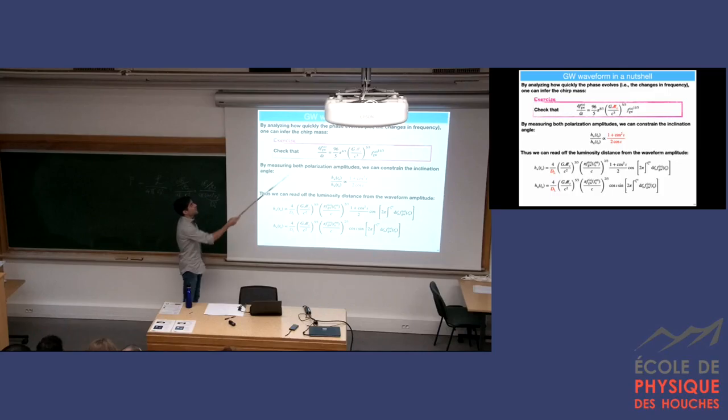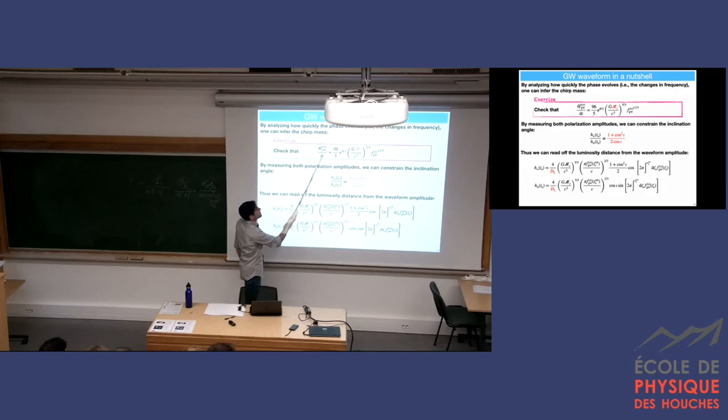We can look at this equation here, which you can derive from the expression I gave you before for f GW, which comes directly from the quadrupole formula. You take the derivative of that expression, and you see that this equation connects the evolution in time of the frequency with the frequency itself. And there is the redshifted chirp mass here.